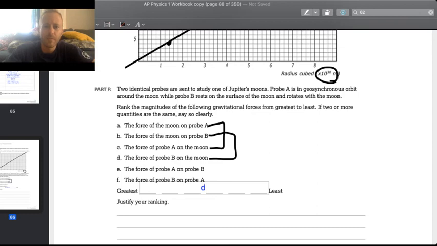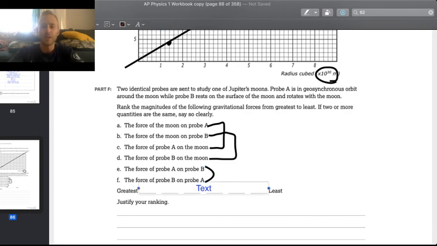And then the force of the probe on B and the force of the probe on A, these two are action-reaction pairs. Now, because the probes are way less massive than the moons, they're going to have a much smaller gravitational force on each other. So those ones will be the smallest forces.